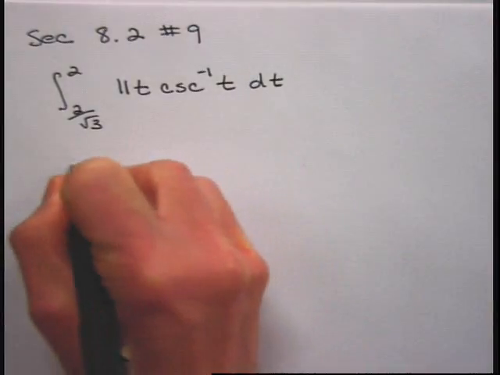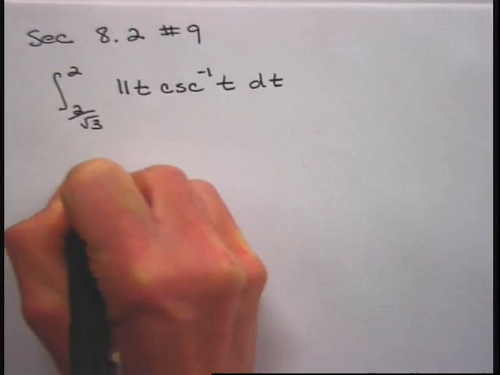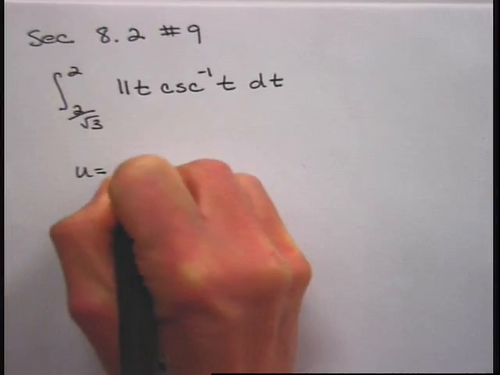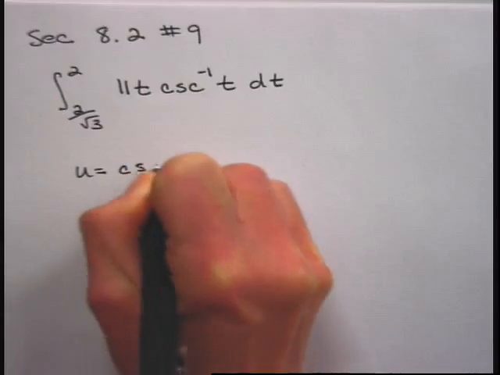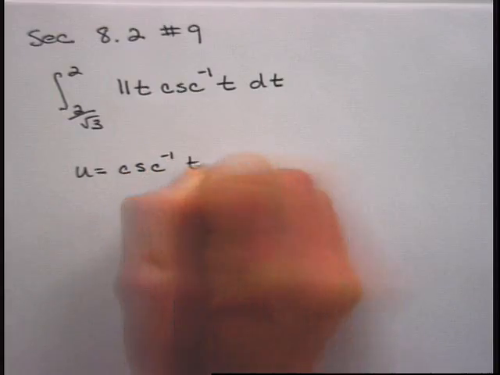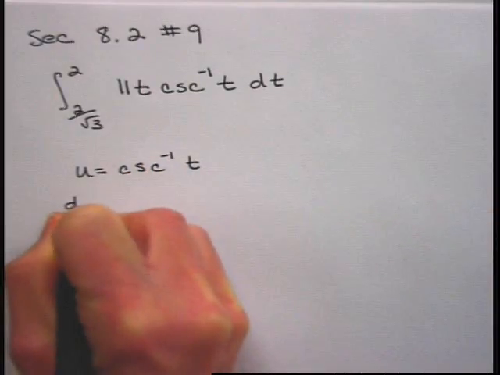I haven't looked at the solution, so this may be the wrong approach, but I'm going to let u equal the inverse cosecant of t, and then I need to find du.